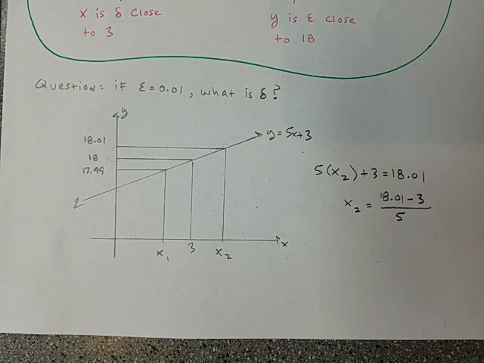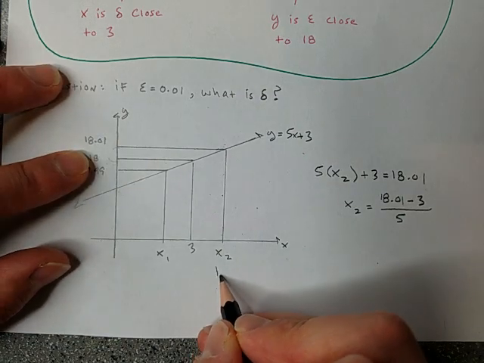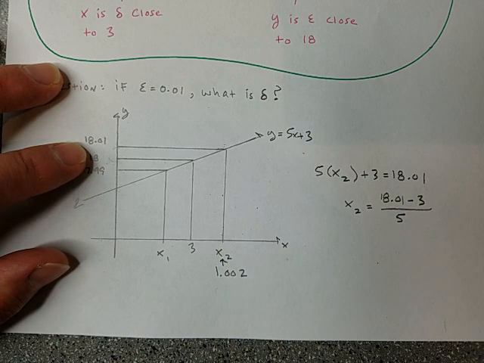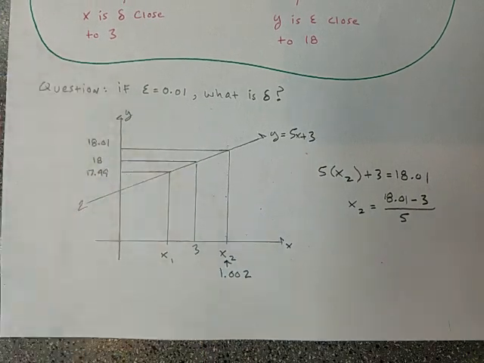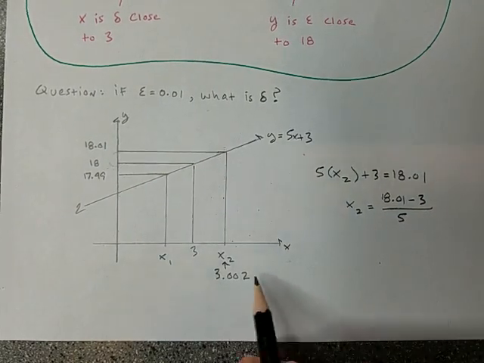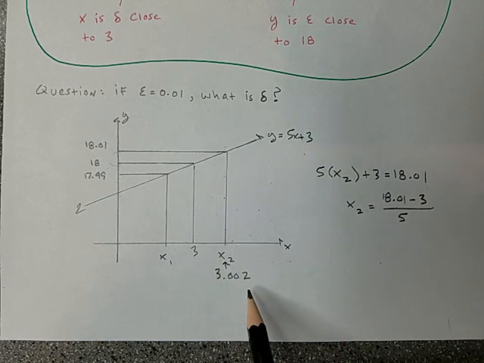Okay? All right, so 18.01 take away 3, divided by 5, and we'll get 1.002 for that number right there. Oh, wait, no, that can't be right. All right, there it is. It's 3.002. Whoops, okay. So 3.002 here.